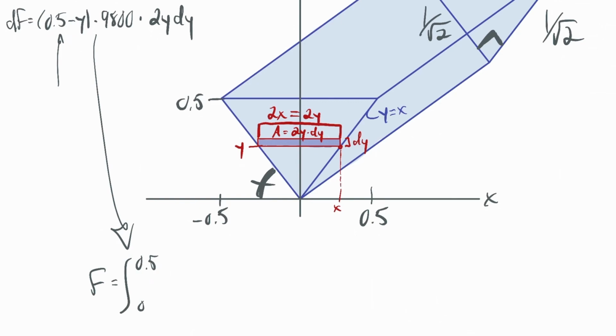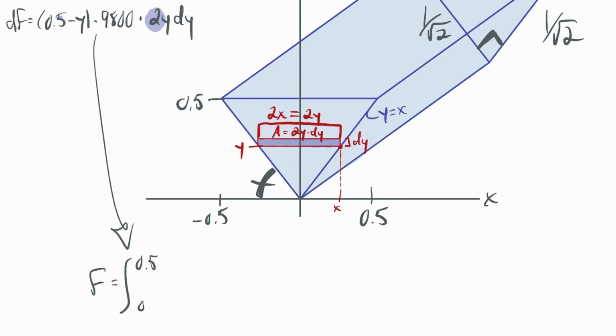Okay, so let's say 1960 times y times 0.5 minus y dy. Actually, it's a minor difference, but I think it's going to be slightly easier if I distribute this 2 onto this and get 1 minus 2y.